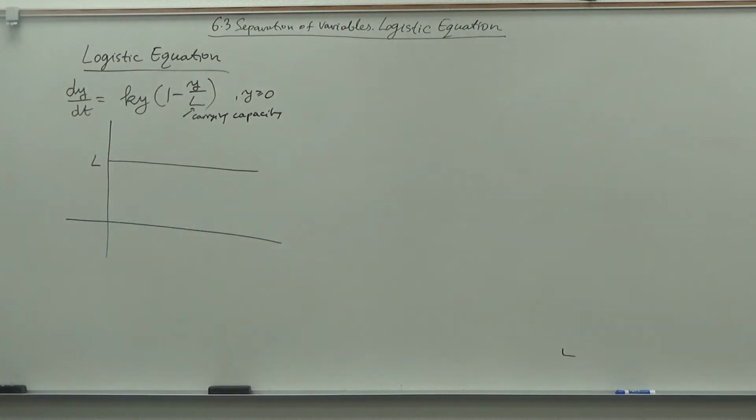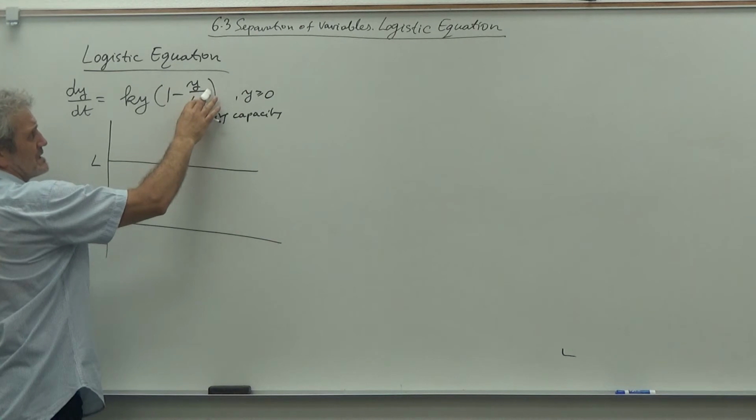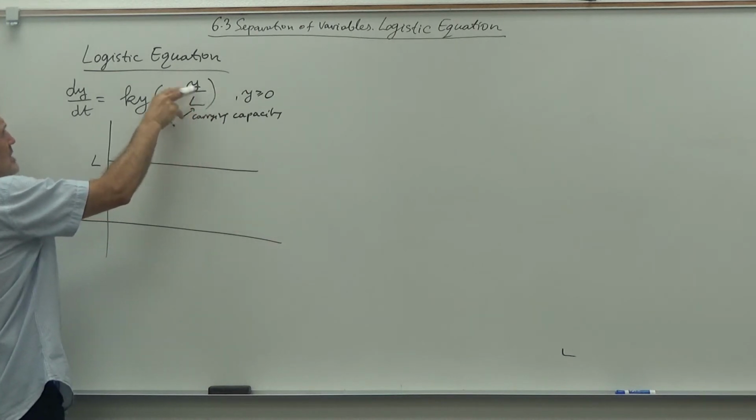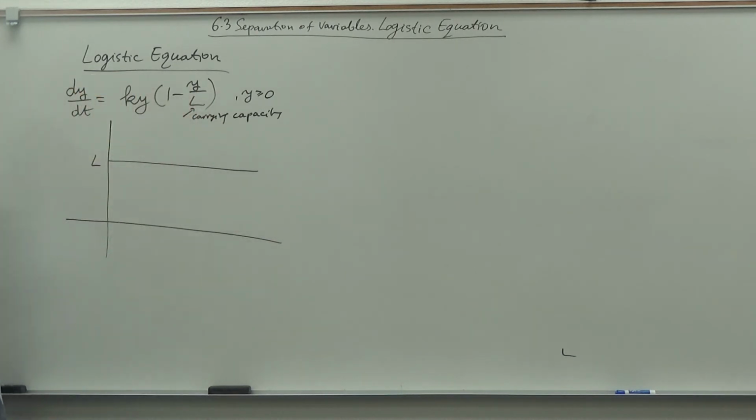Then what happens? If y reaches L, L over L is 1, this factor is 0, so your derivative is 0, which means you don't increase anymore. When you get closer to L, your increase or decrease completely stops and you stabilize. That one is a horizontal asymptote.